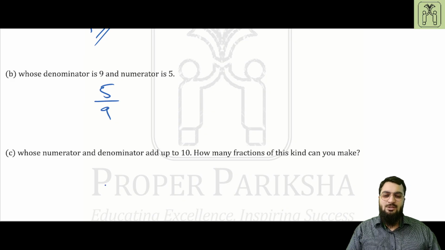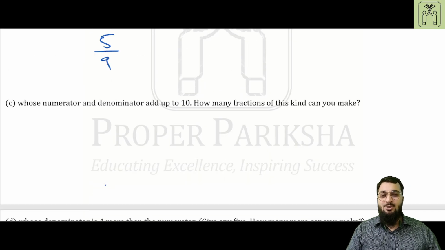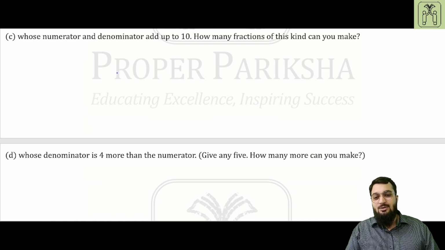So in this question, the task is to choose a numerator and denominator whose sum is equal to 10. So you can write 1 plus 9, 2 plus 8, 3 plus 7, 4 plus 6, and 5 plus 5. We'll go sequentially, that will be much better.